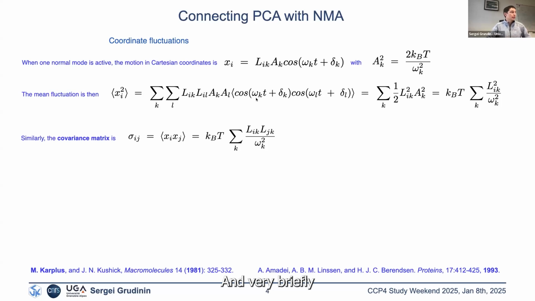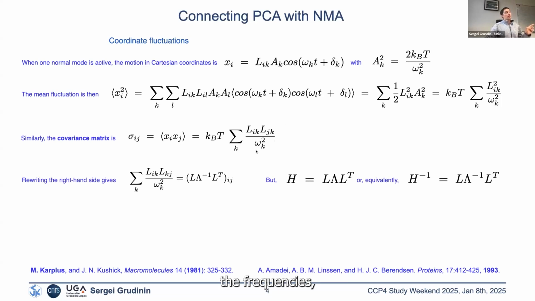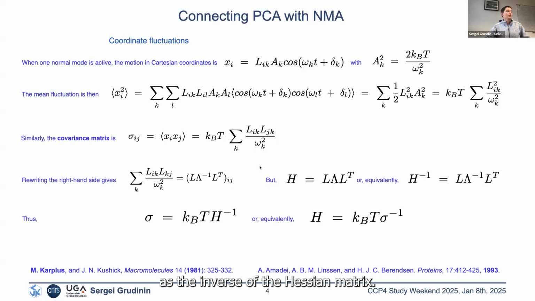Very briefly, we can also compute the covariance matrix, the average between different x together. If we expand the right-hand side a bit, where L are the normal mode vectors and omega are the frequencies, we can see that the right-hand side can be expressed as the inverse of the Hessian matrix.